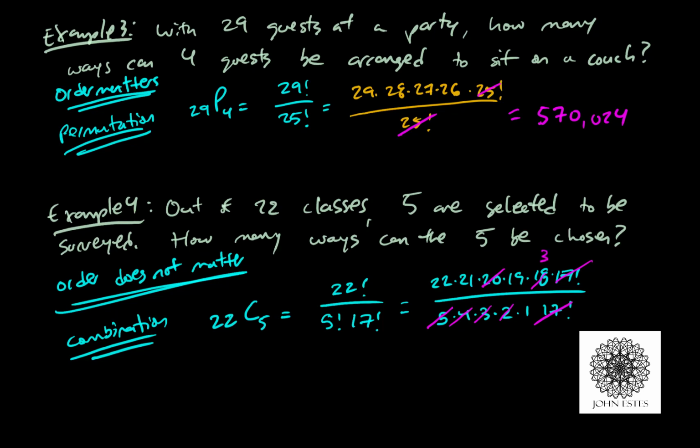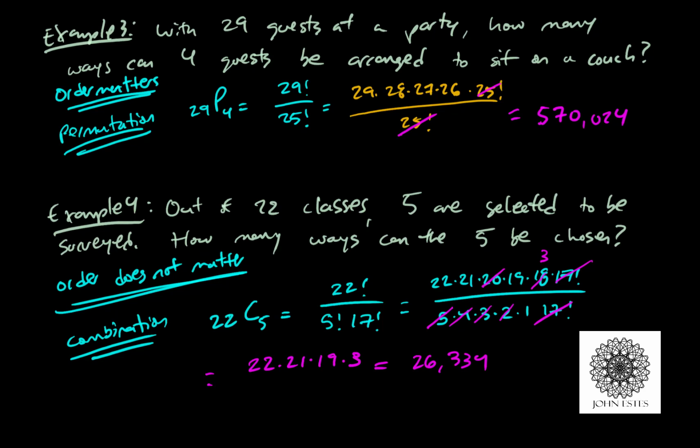And then the 1, well, I'll just have a 1 in the denominator, that's not a big deal. So what I'm left with is 22 times 21 times 19 times 3, and that is the number of ways I can choose these 5 classes to be surveyed, and I should get 26,334. All right, I hope this makes sense.